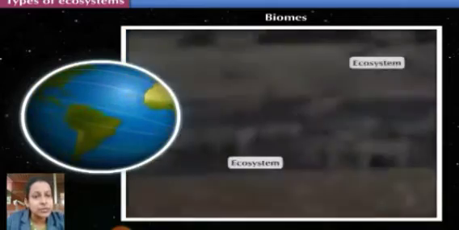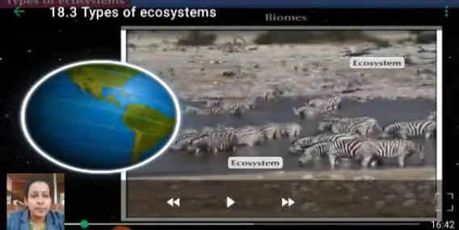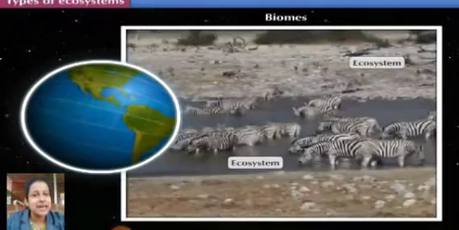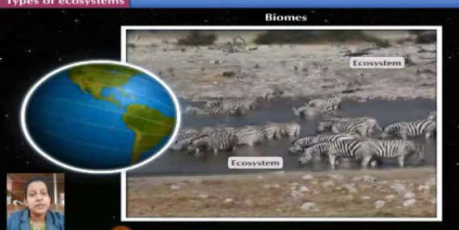So large ecosystems wherein the abiotic factors as well as the climate are the same, and even the animals present over there are similar, we can call such ecosystems biomes, and biomes are very large in size. So these biomes contain many small ecosystems.